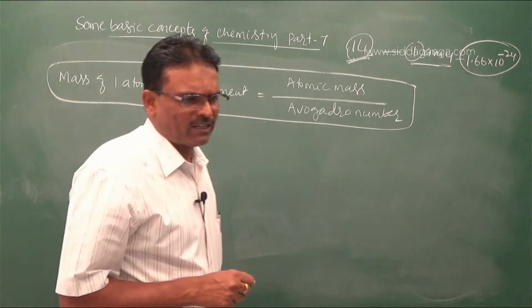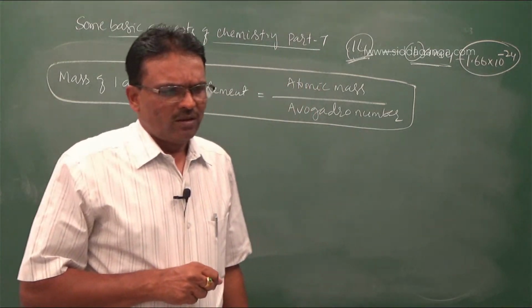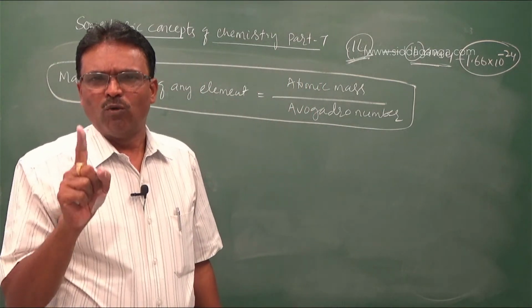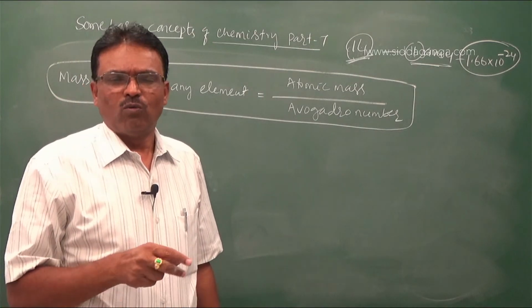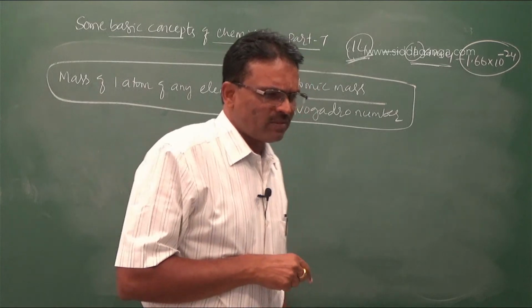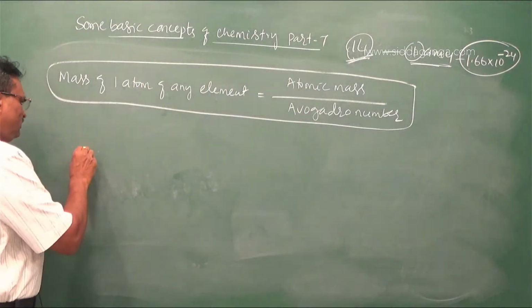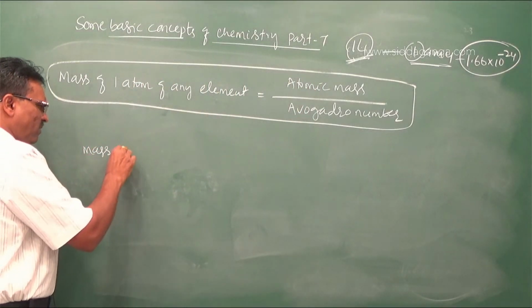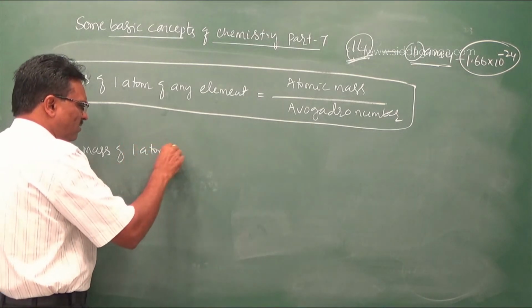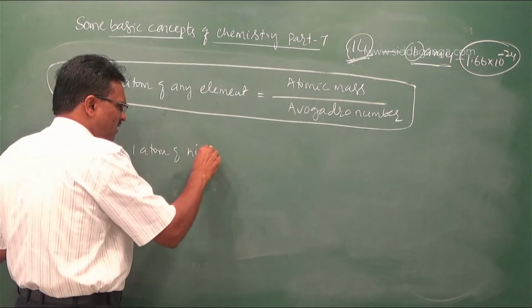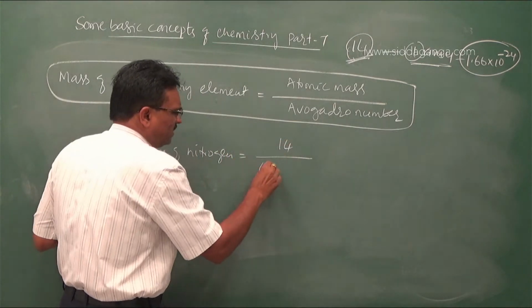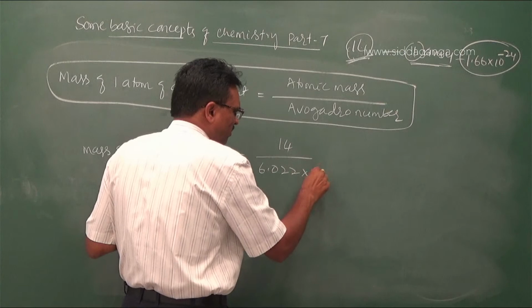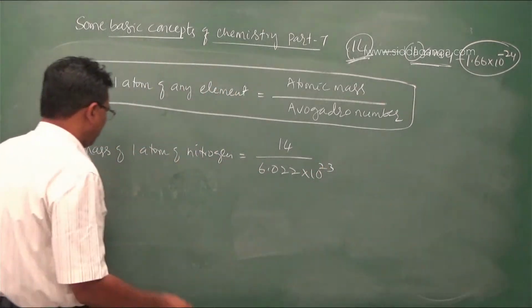See, we wrote in the previous case: mass of one atom of nitrogen is 14 by Avogadro number. What is the mass of one atom? So look here. Mass of one atom of nitrogen is equal to 14 by 6.022 into 10 to the power of 23.